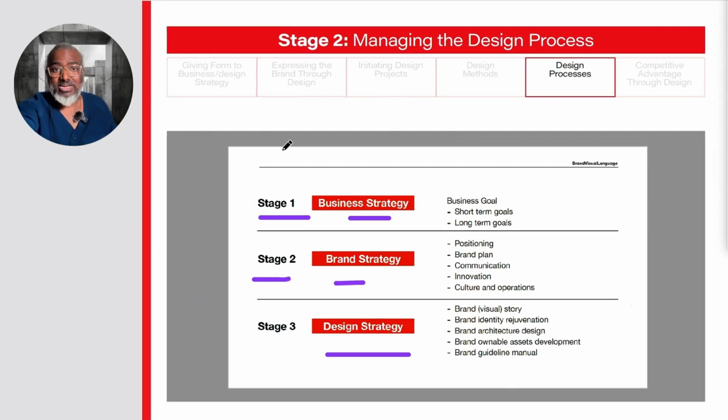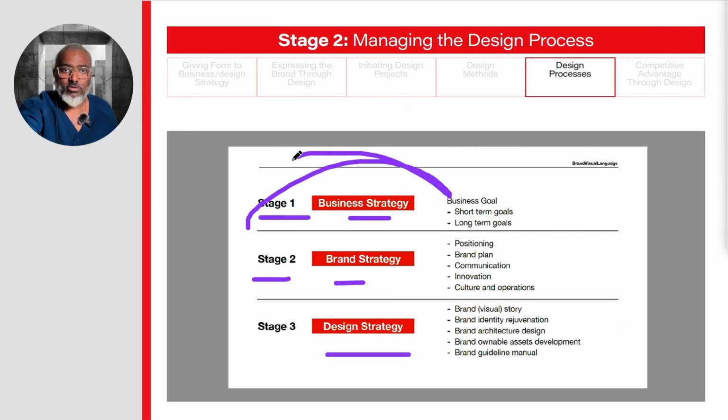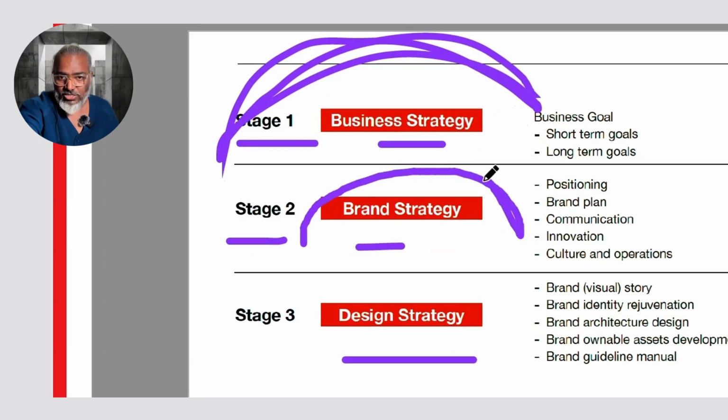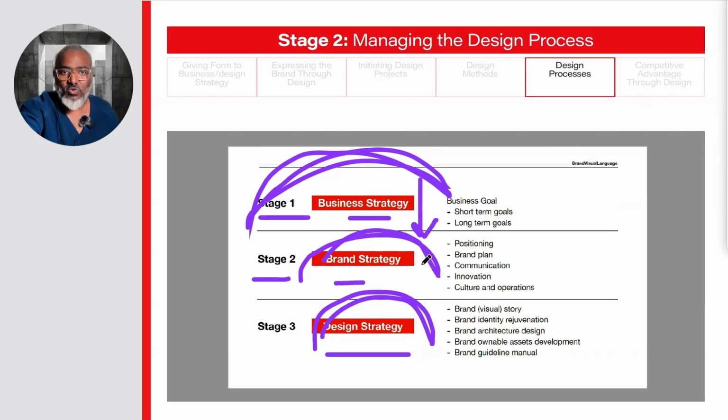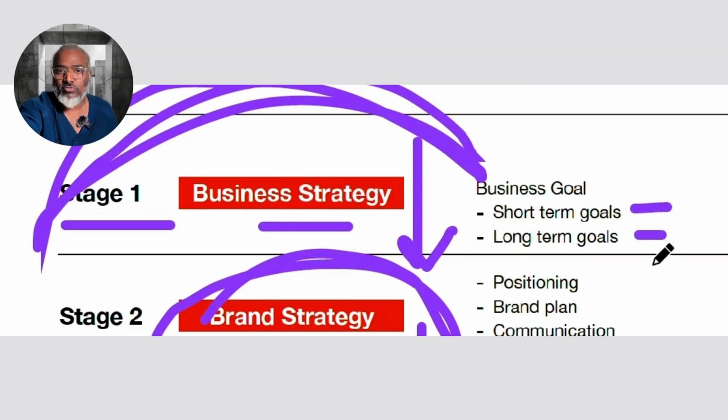If you are a brand manager, you need to be a part of the business strategy. Under business strategy, there is a brand strategy. Under the brand strategy, there is a design strategy. These are sitting one under another. These are nested. In terms of business strategy, you have a short-term goal and a long-term goal.